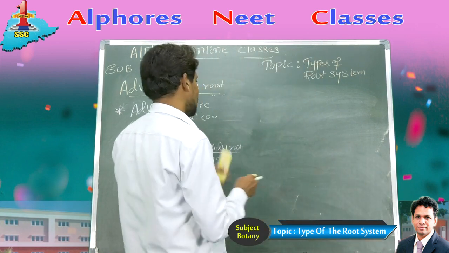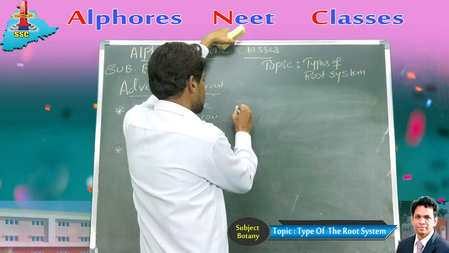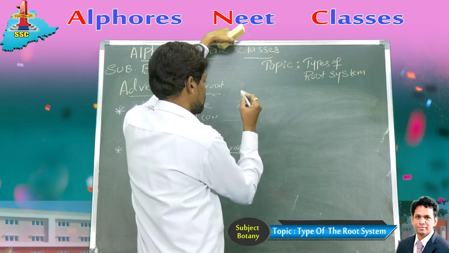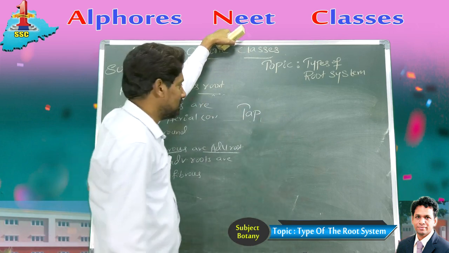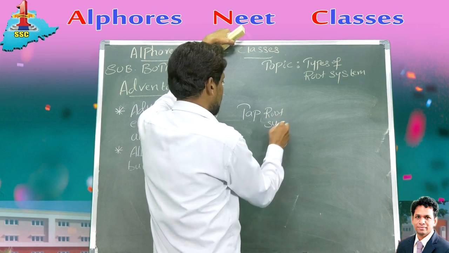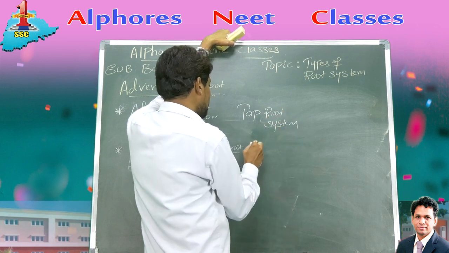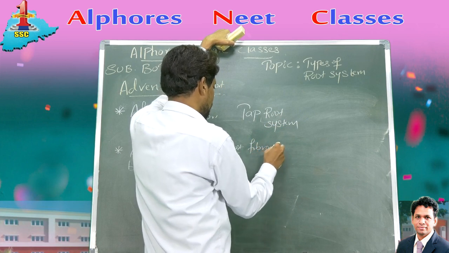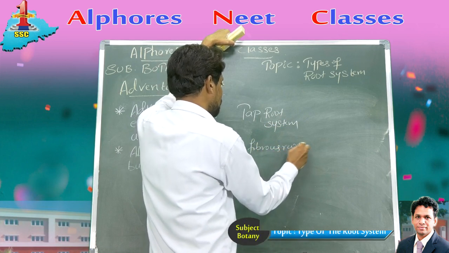Now, listen to this statement. Sir, take three types of root systems. I told three types of root systems till now. What are they? What is the first one? Tap root system. Second one is fibrous root system.